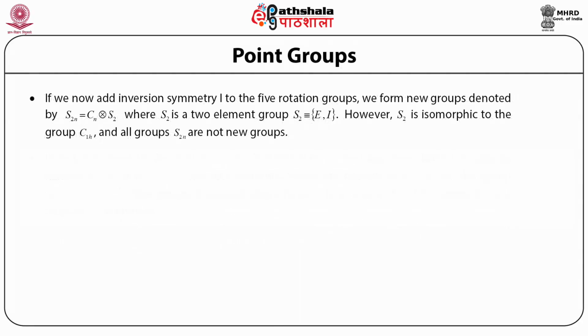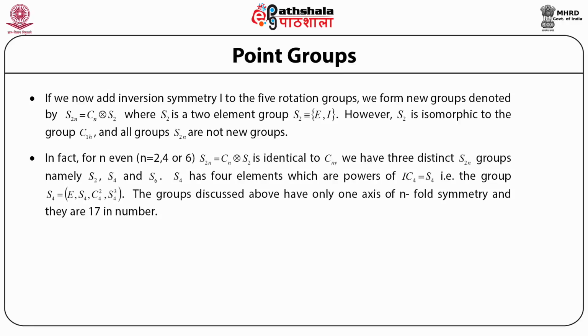To this we can now add inversion symmetry I to the 5 rotation groups. By adding the inversion symmetry, we form new groups which are denoted by S2n, which is a direct product of the group Cn with S2, where S2 is a 2-element group, an inversion group. The 2 elements are obviously the identity and the inversion I. However, S2 is isomorphic to the group C1h, and not all groups S2n are new groups.